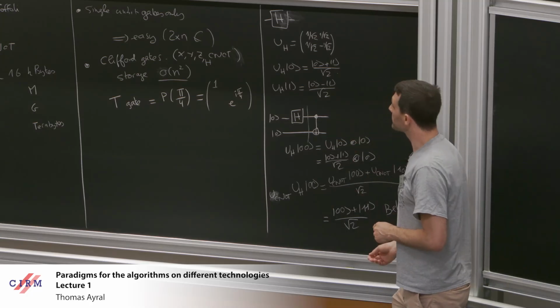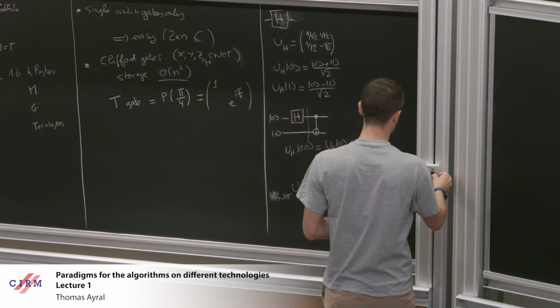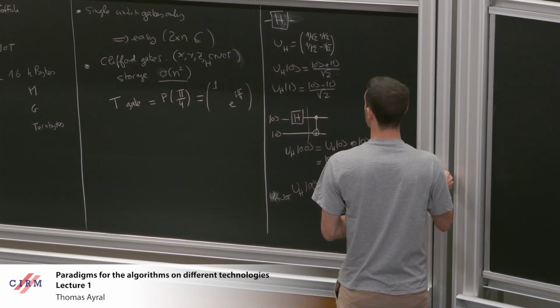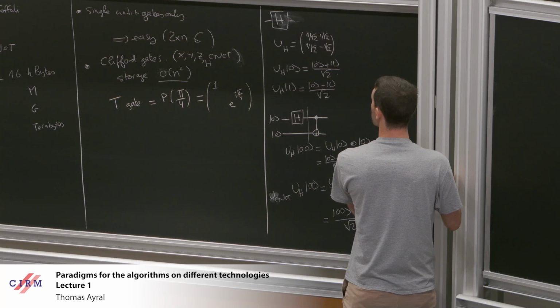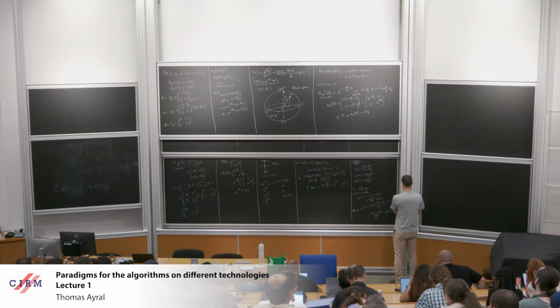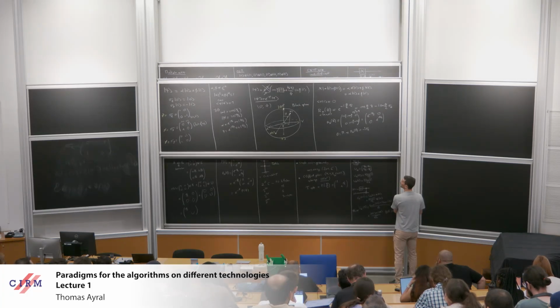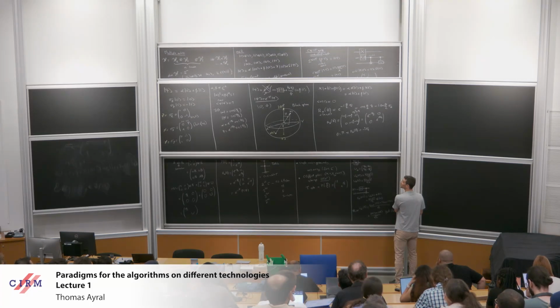The reason why I want to mention it is that we're going to look at an extension of this Bell state, of this circuit. It's an interesting permutation problem.